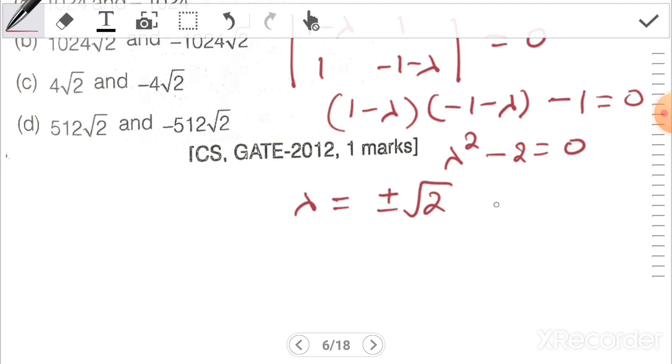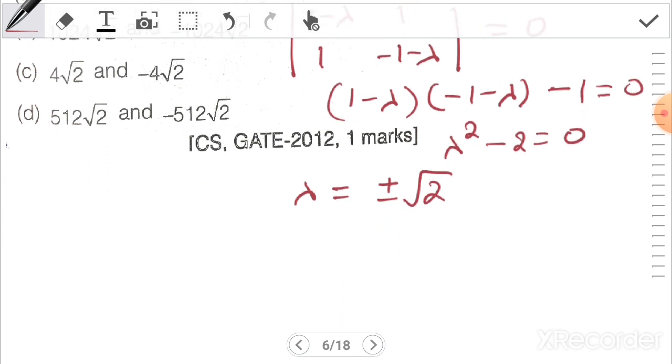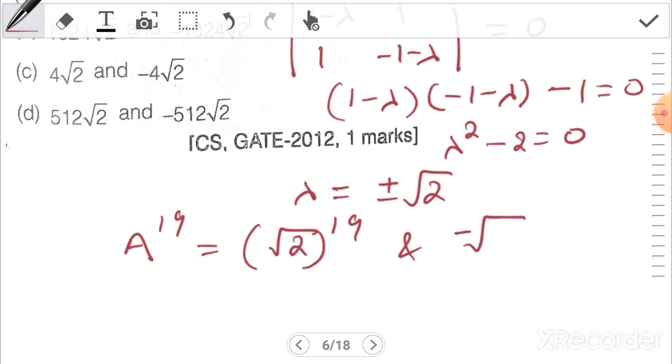Okay. Now we can use the property. For A raised to the power 19, eigenvalues will be root 2 raised to the power 19 and minus root 2 raised to the power 19.